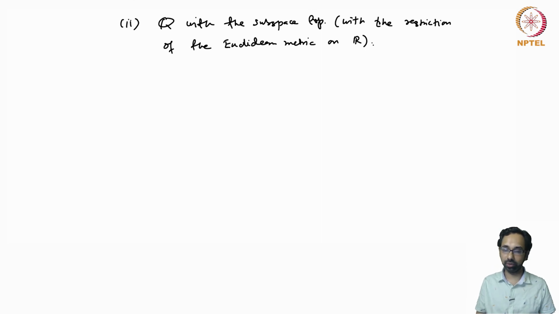So I want you to verify this, that when you consider Q as a metric space on its own by restricting the Euclidean metric on R to Q, it is the same as the subspace topology that you get from the standard topology on R.